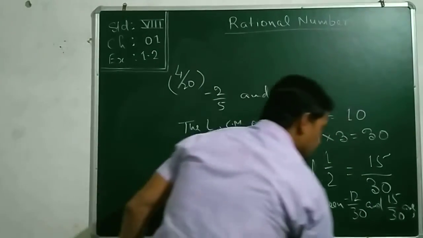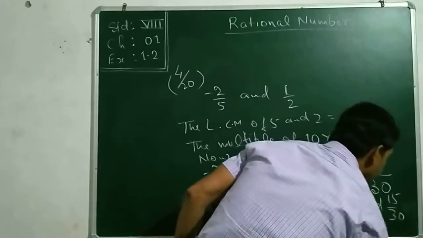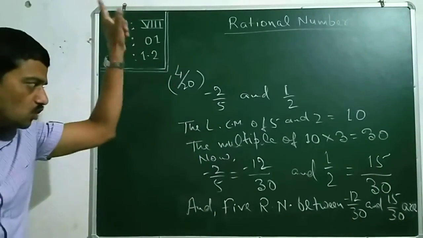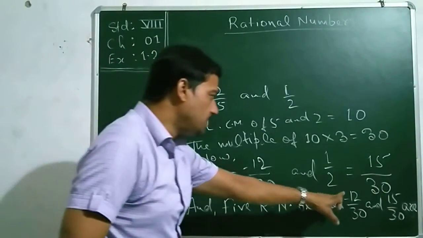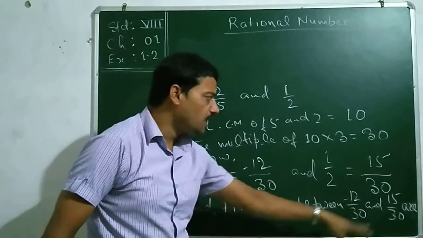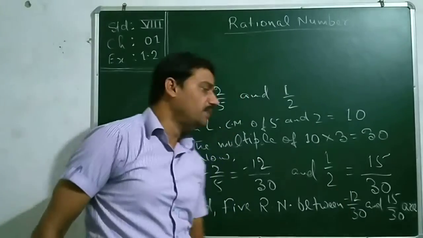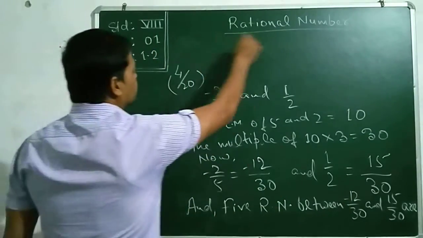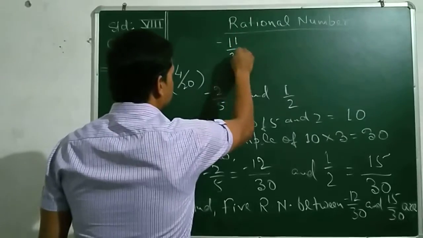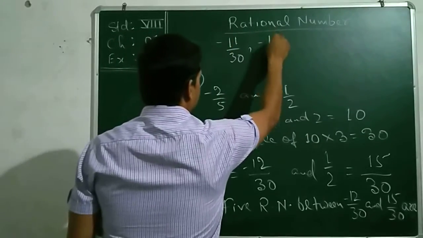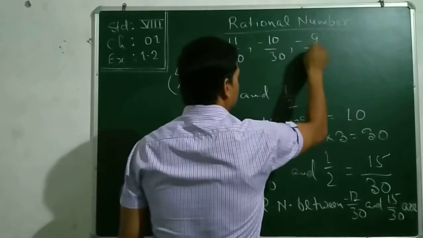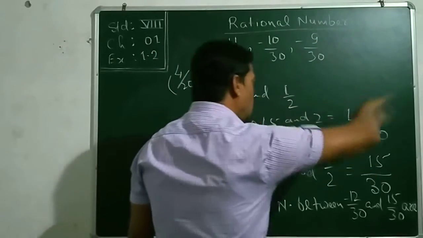As I am not getting sufficient space here, let me write at the top what would be those numbers. Greater than minus 12 by 30 and smaller than 15 by 30. Take minus 11 by 30, minus 10 by 30, minus 9 by 30, and so on.